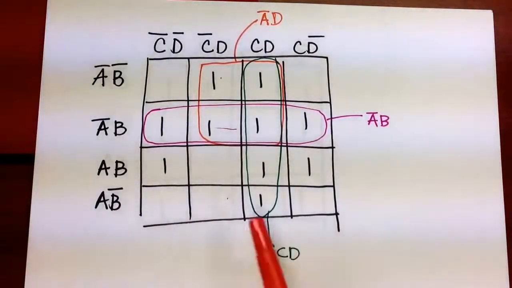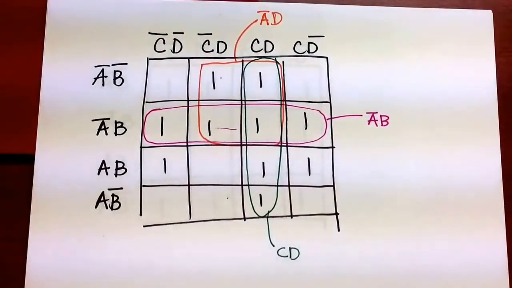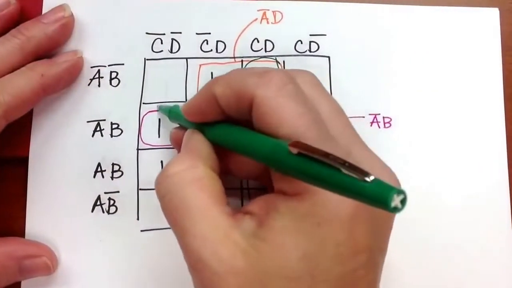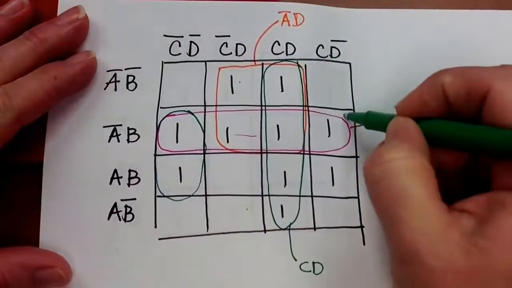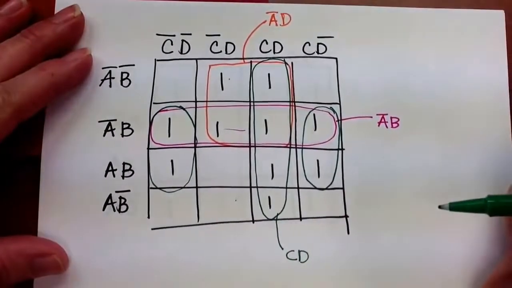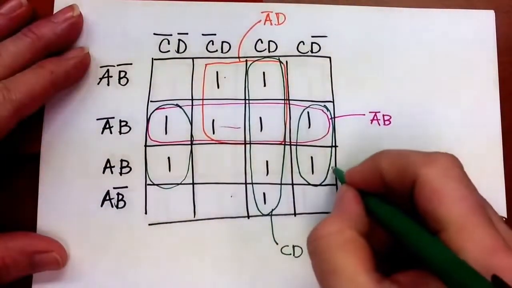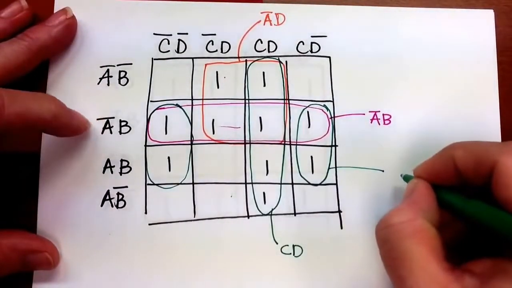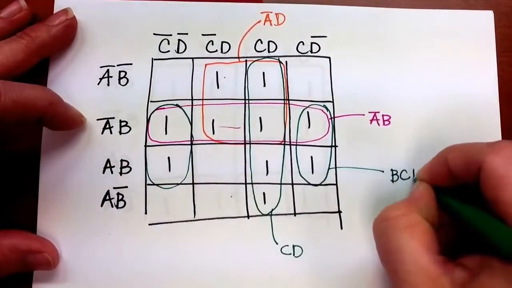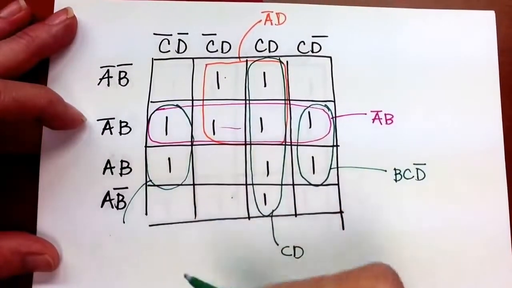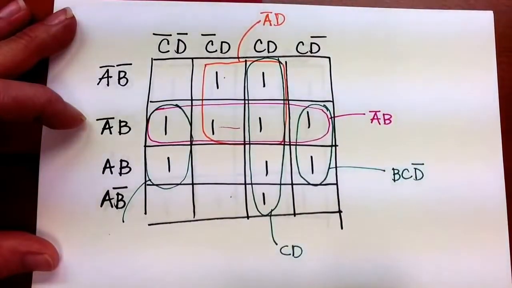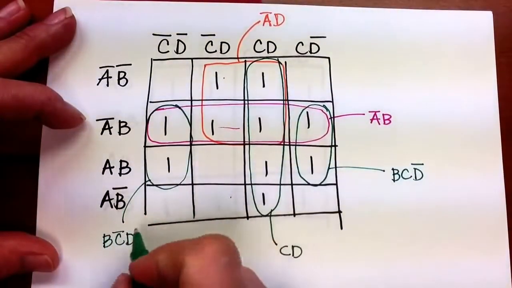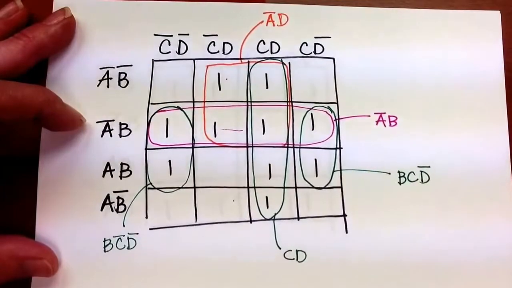Alright, and then I still have some other terms I haven't taken care of yet. So let's go ahead and get them into groups. So I'll make a group here and a group here. For this group, I have B, C, not D. And for this group I have B, not C, not D. Okay?